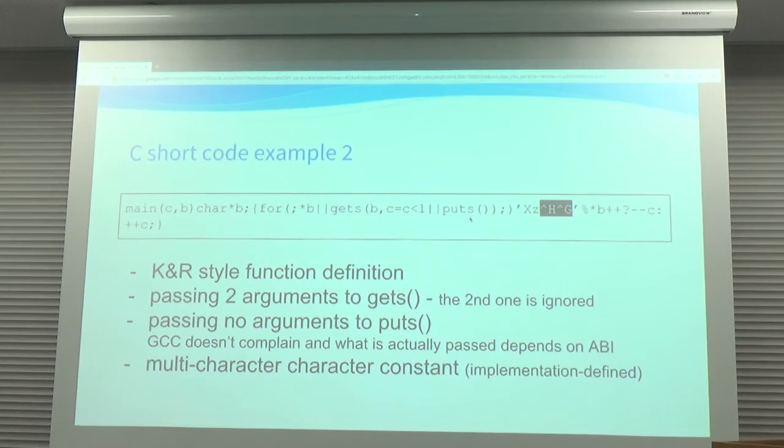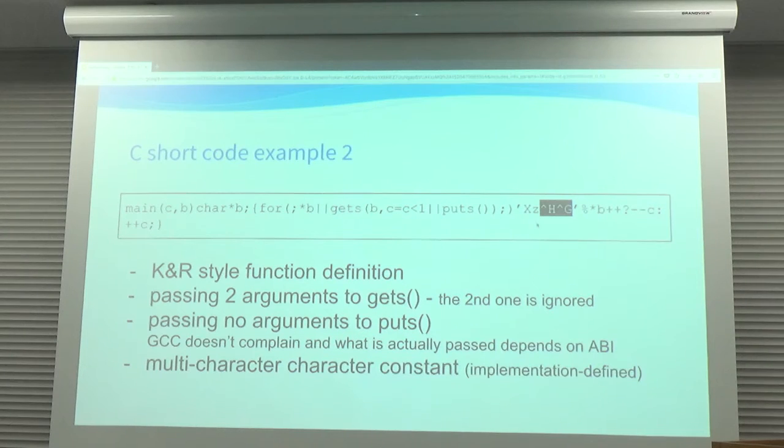The compiler, GCC, doesn't complain about this. But what argument is actually passed depends on the ABI. So this code only works on 32-bit x86 Linux, I think.